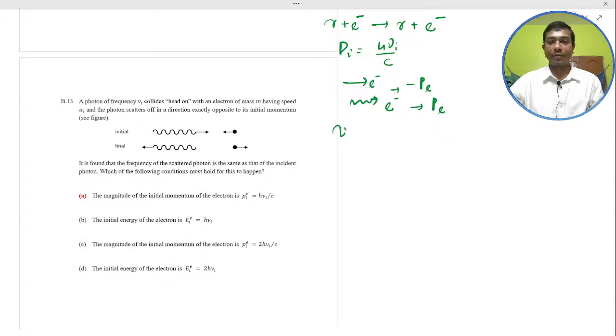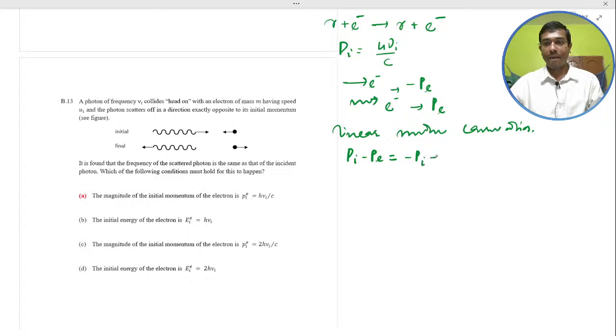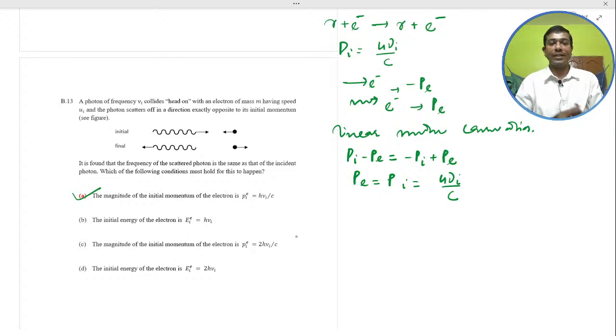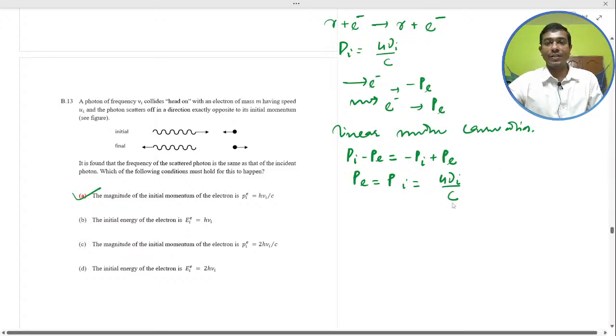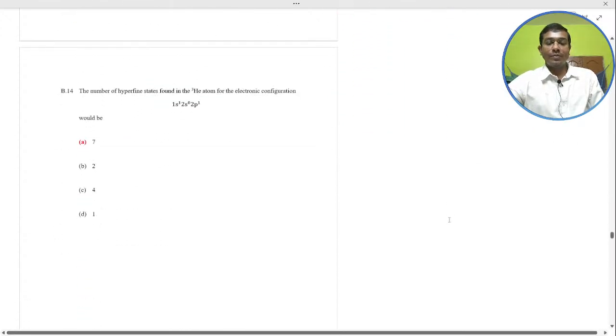Thus, linear momentum conservation: pi minus p is equal to minus pi plus p. So p equal to pi. This is equal to h nu I by c. So option A is correct. The magnitude of the initial momentum of the electron, that is the p, is h nu I by c. Next question.